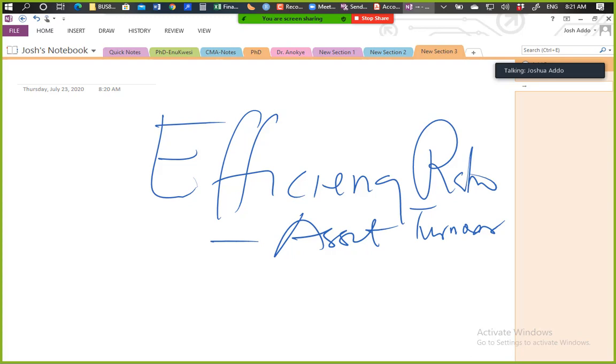We will also be talking about some working capital ratios which help us to measure how efficiently the company is managing current assets.